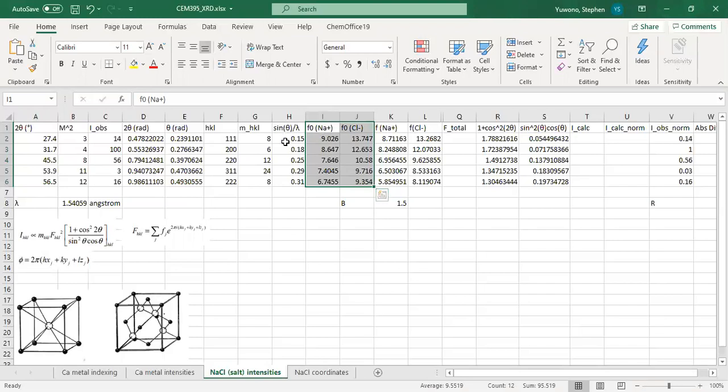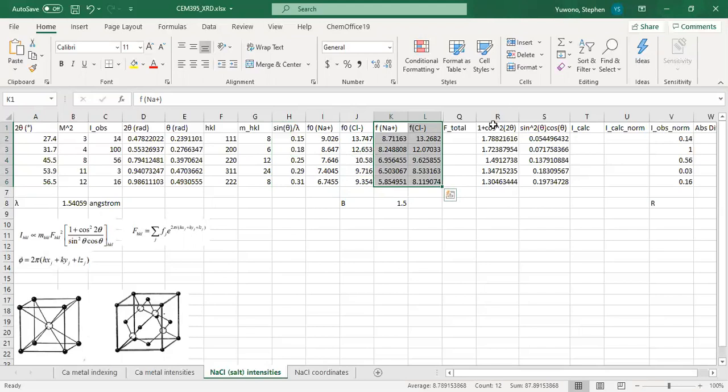So here, based on the reference, I have obtained the value for my temperature-independent scattering factor, and then I use the Debye-Waller factor to incorporate temperature dependence. And now the question is, how do we proceed from here?